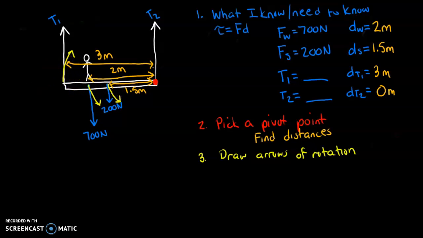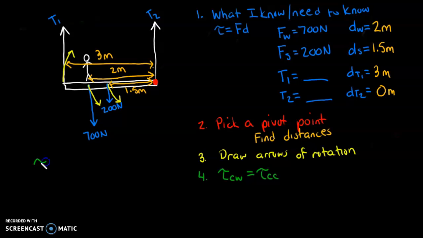Now the reason I want to do this is because for our last step, I want to remember that the torque in the clockwise direction has to equal the torque in the counterclockwise direction. Why? Because the scaffolding's not moving. It's not actually rotating. So that means the torques in each direction have to be equal.